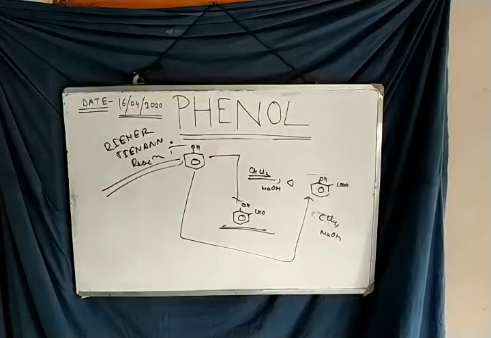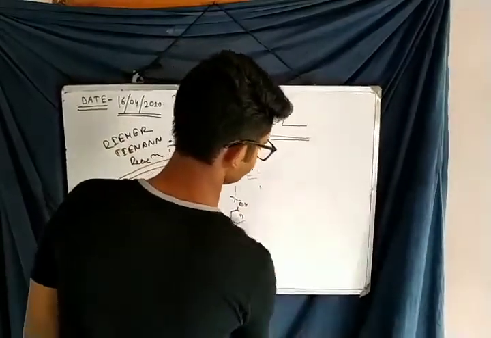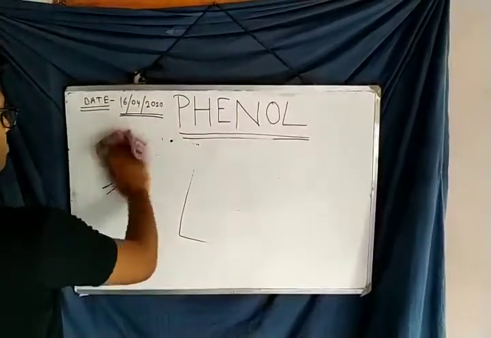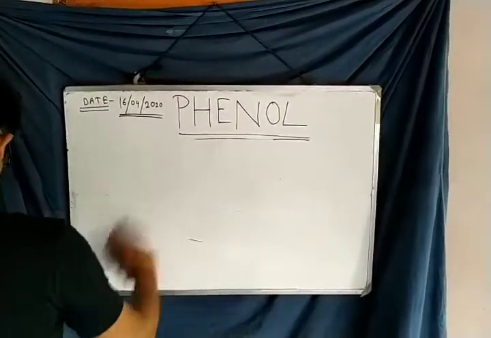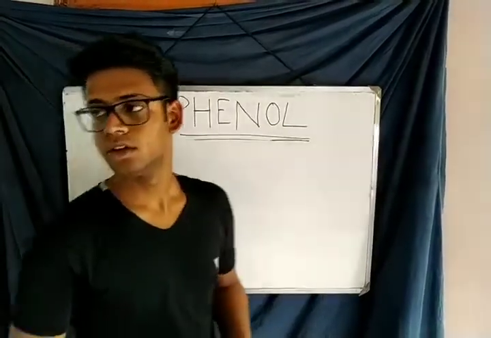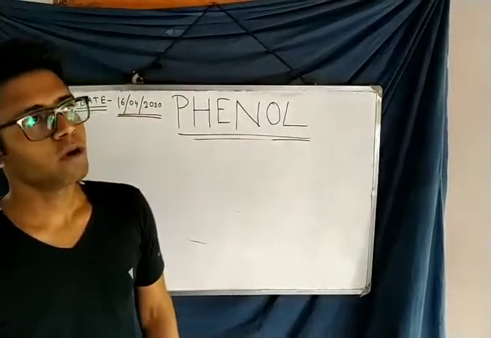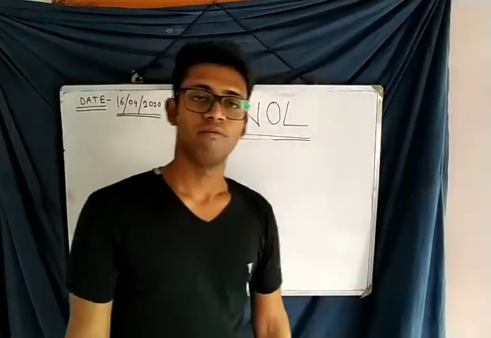Okay, so next one is the reaction with phthalic anhydride. It is also a very important compound. By reacting with phthalic anhydride, phenol gives us phenolphthalein.